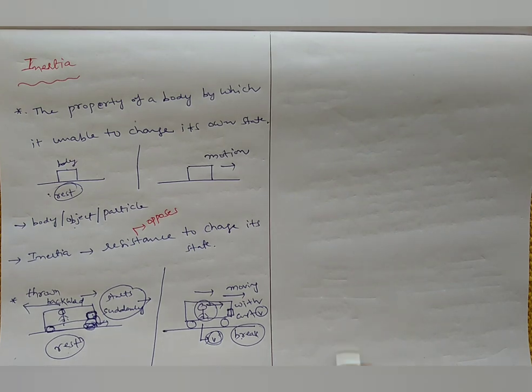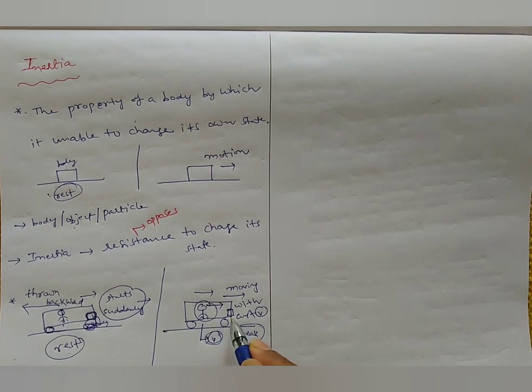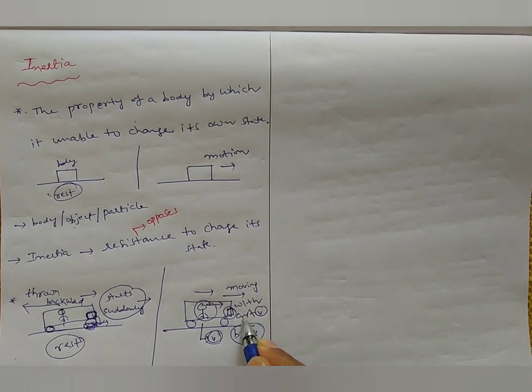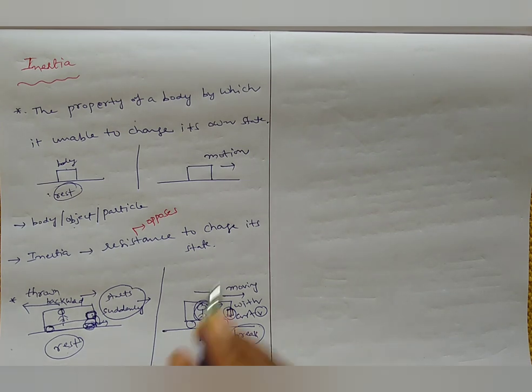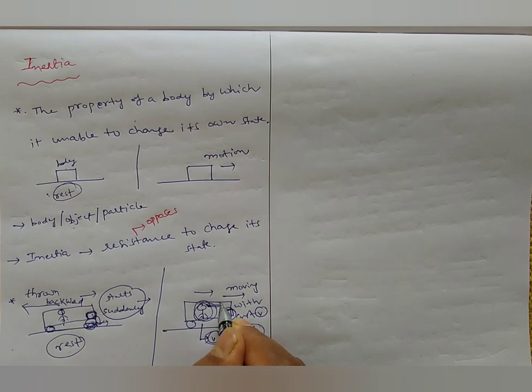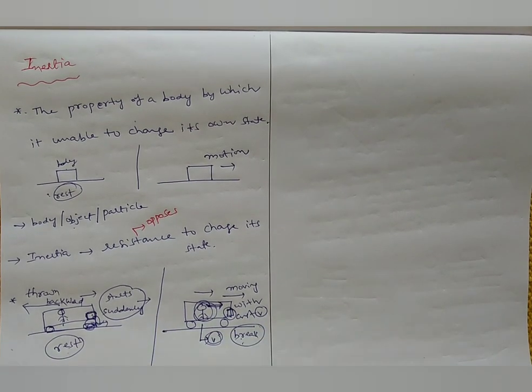And moreover, in this case the driver is applying the brake on the bus, not on the passenger. So actually here the passenger experiences a forward jerk when the bus suddenly stops. The passenger who is inside the bus experiences a forward jerk, moves in the forward direction, and he may fall down also.